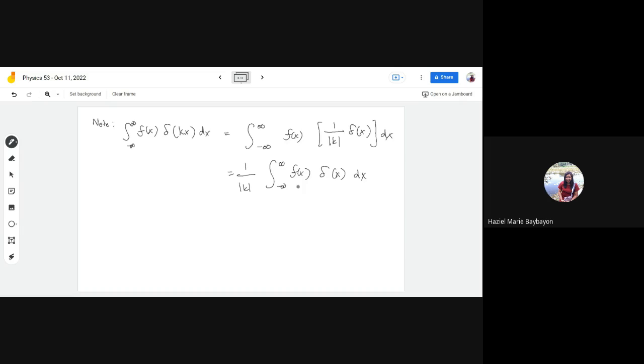Okay. Now we know the value of this one. Unsa ganin ni siya, class? This is equal to f of 0 lang. So 1 over k times f of 0. Okay? So if you integrate f of x multiplied by the Dirac delta function, delta of kx, it is just equal to this.